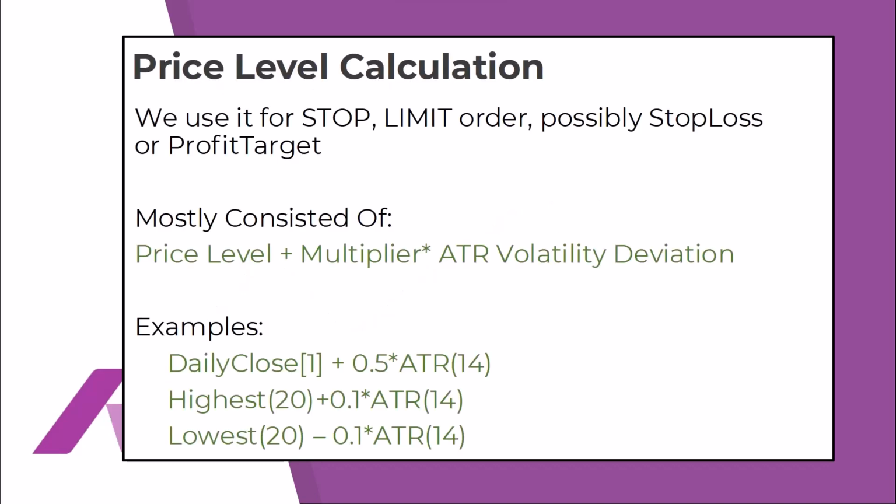Now we are getting to the price level calculation, what it is, and how to calculate this. Simply put, price level calculation is calculation of a concrete level in the market. The price level is any price, for example, close, open, high, low, just any market level price.